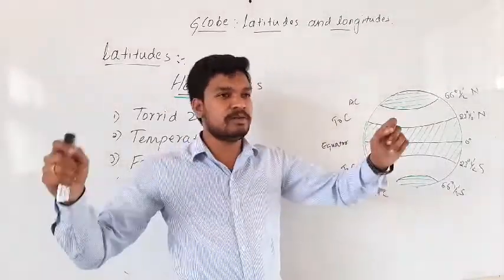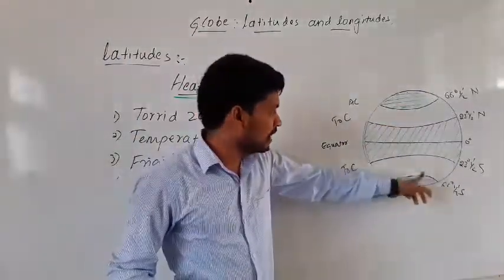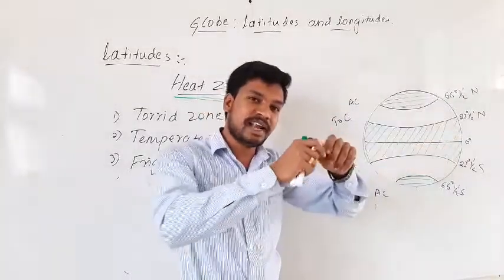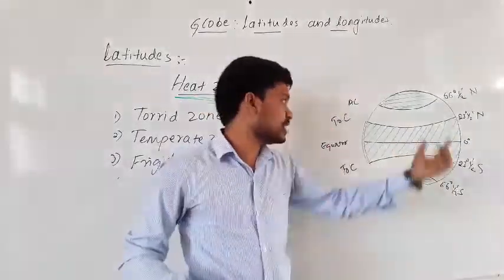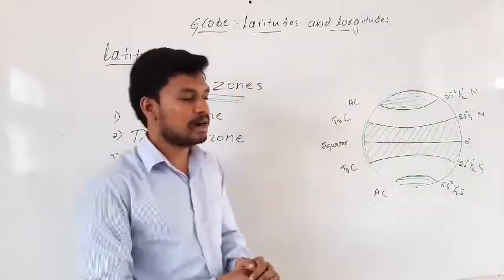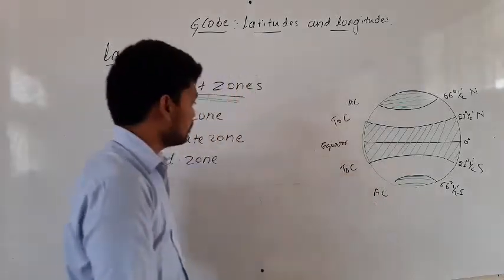Meanwhile, the people in the northern hemisphere will be in night continuously for 6 months. They don't receive the sunlight. It happens because the earth is tilted.